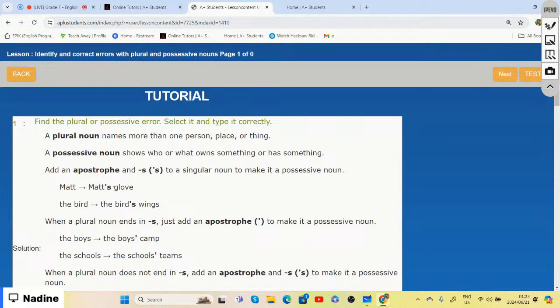So a possessive noun shows us who, or what something has, or something has been.